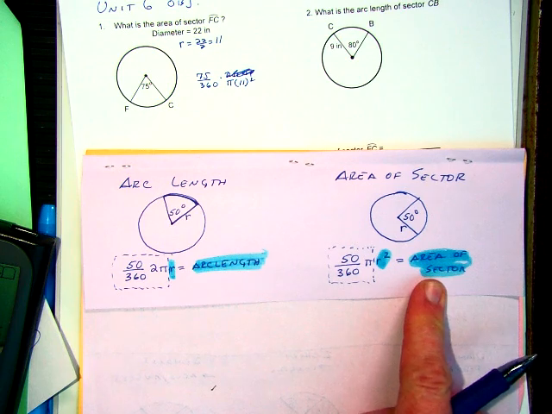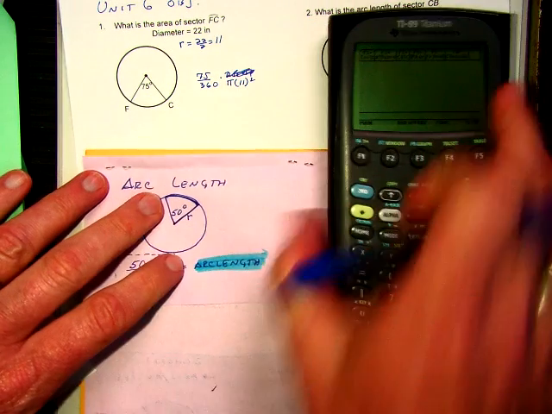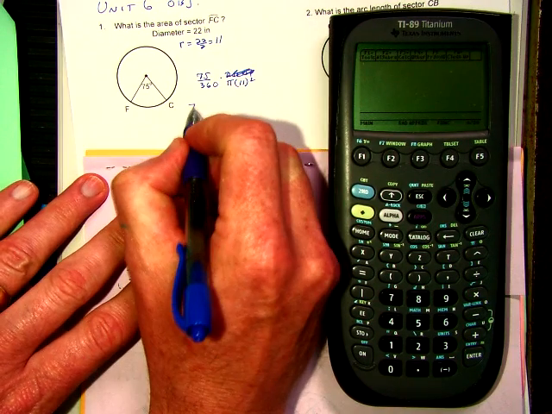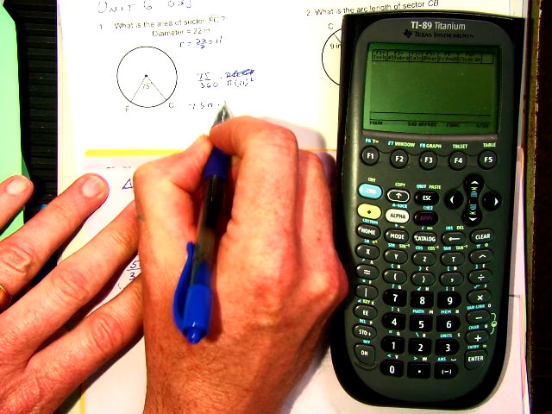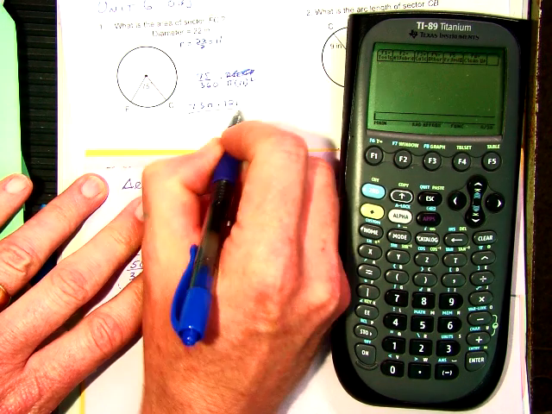So if I type this in, I'm going to do 75 pi times 11 squared, which is 121, all over 360.